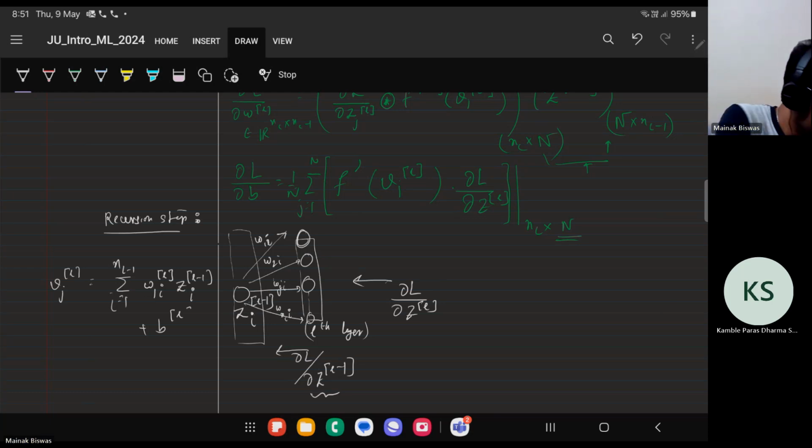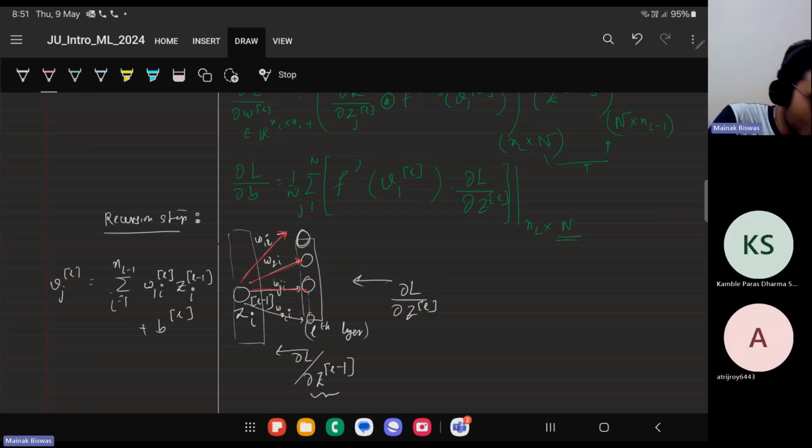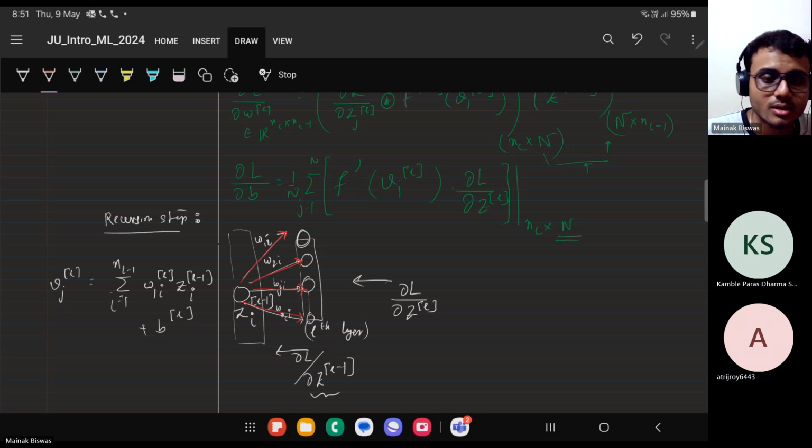But since this gave inputs to all the neurons in the next layer, do you recall that this single neuron gave output to all of them?